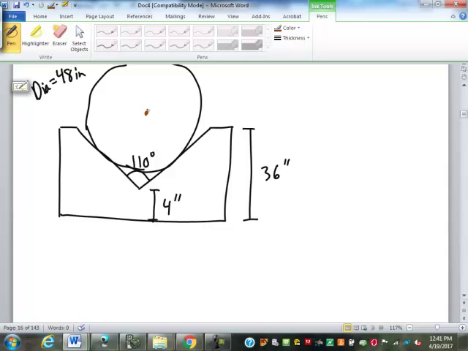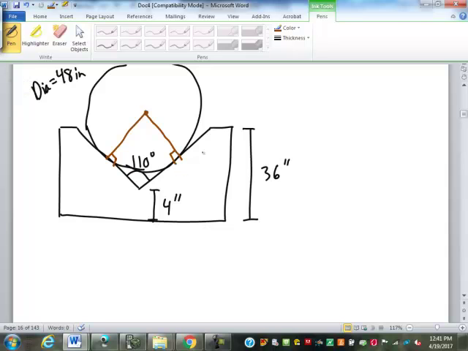Looking at this, where am I going to find a right angle? When I have a circle, I look for tangents. So the radius to this point of tangency makes a right angle. It'd do the same thing over here at that point of tangency. It'd make a right angle.